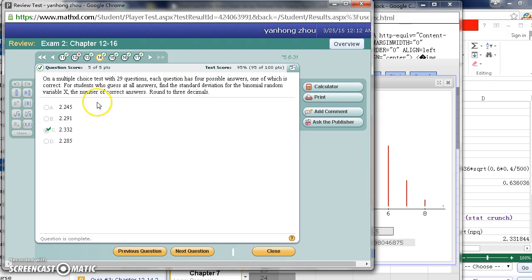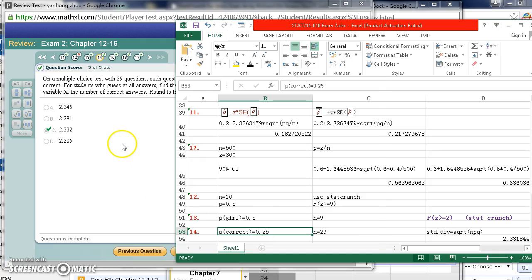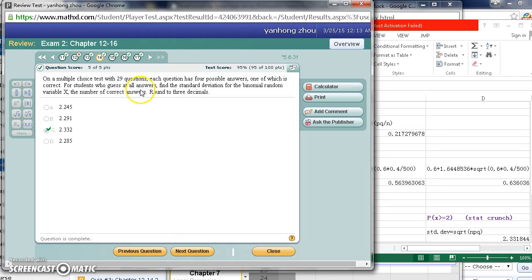14. Okay, this one is a multiple choice test with 29 questions. Each question has 4 possible answers, one of which is correct. Only one of them is correct, which means the probability of a question being correct is 0.25. For students who guess at all answers, find the standard deviation for the binomial random variable, the number of correct answers.